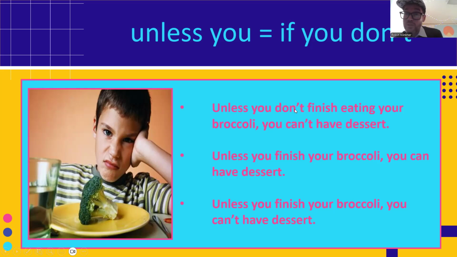So if you don't, that's a double negative. If you don't. So that means if you finish eating your broccoli, technically, if you don't finish eating your broccoli, technically that means if you finish eating your broccoli, you can't have dessert. If you finish your broccoli, you can't have dessert. Oh my gosh. That's weird.